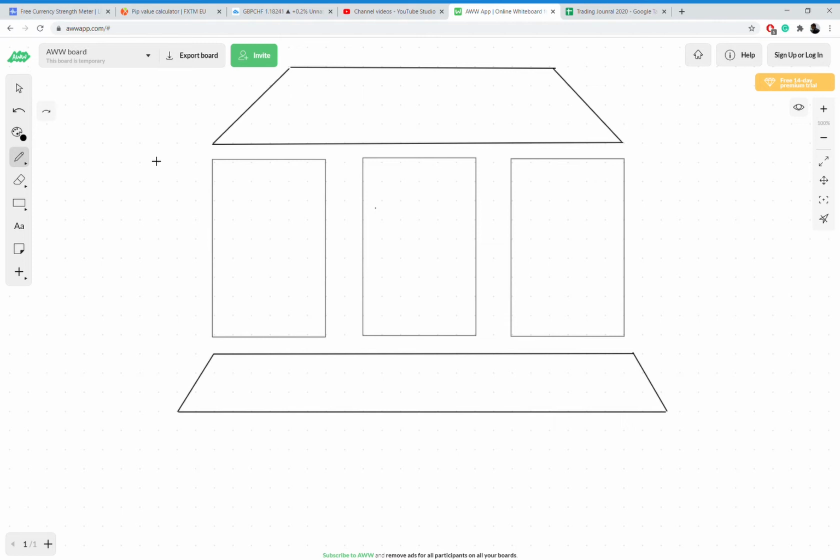Now I'm just going to write in here an S, and what do I want to tell you with the S? The first component is the strategy of trading. So your trading strategy, or also your trading system, is actually a rule-based trading plan where you say, okay, I am trading only from 9 till 11, and I'm trying to find overbought and oversold price situations with a certain financial instrument.